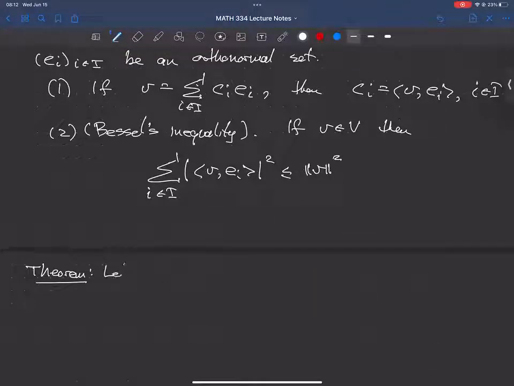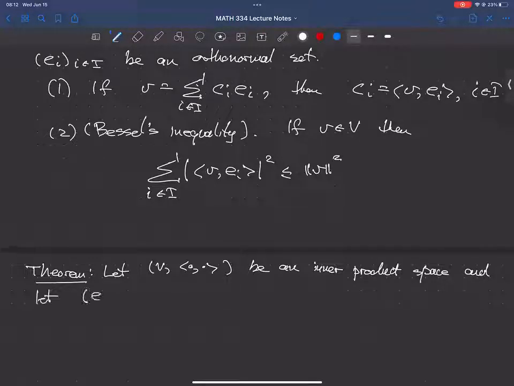So let V be an inner product space and let e_i be an orthonormal set.